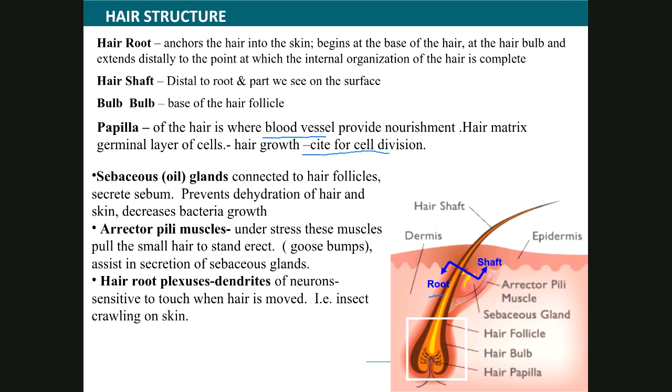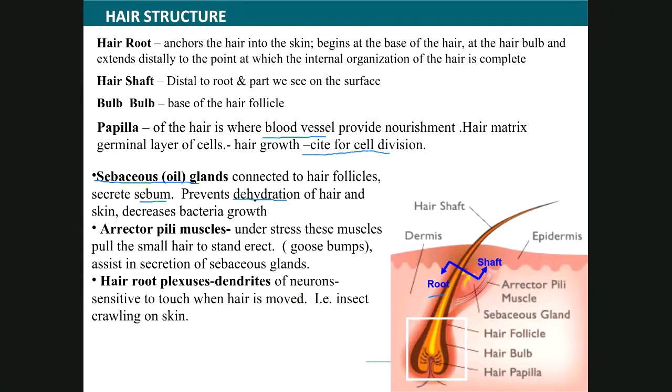So around the hair, we have what's called sebaceous oil glands. So these are oil glands that secrete sebum. And the purpose of sebum is it nourishes the hair, prevents it from dehydrating, and also the oiliness of the hair is what prevents and decreases bacterial growth.